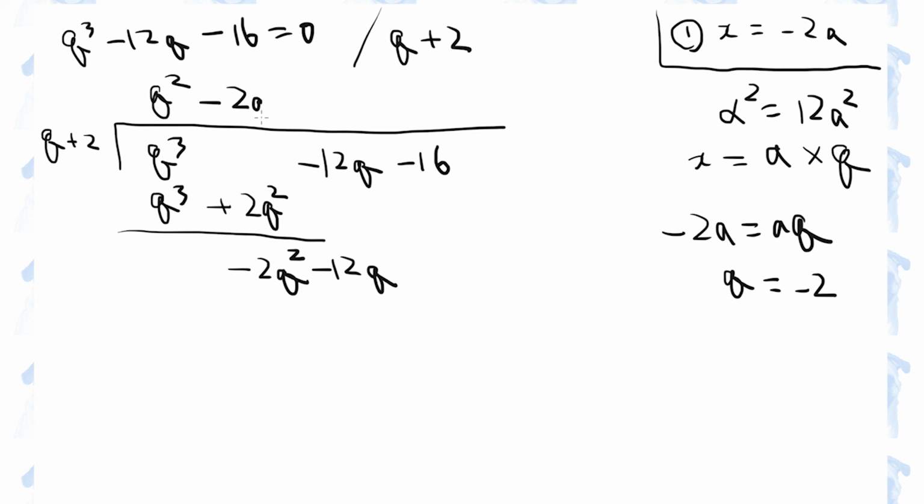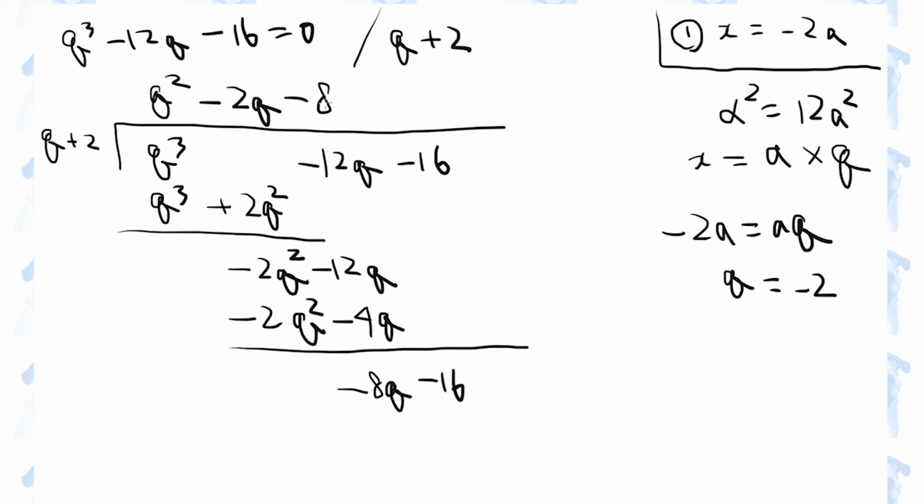Minus 2q times q is minus 2q squared. Minus 2q times 2 is minus 4q. Minus 12 minus minus 4 is minus 12 plus 4, which is minus 8. Minus 8 times q, minus 8 times 2.